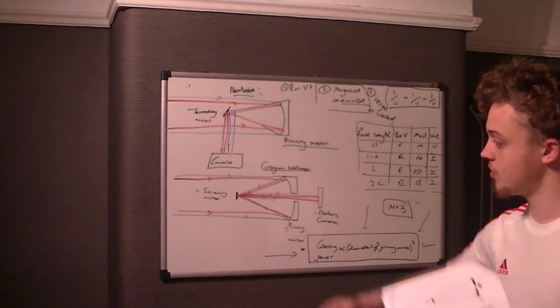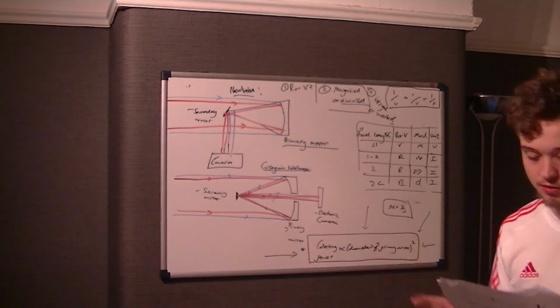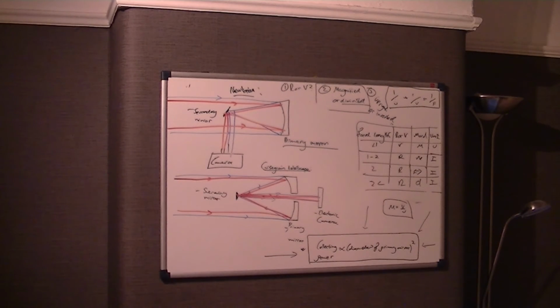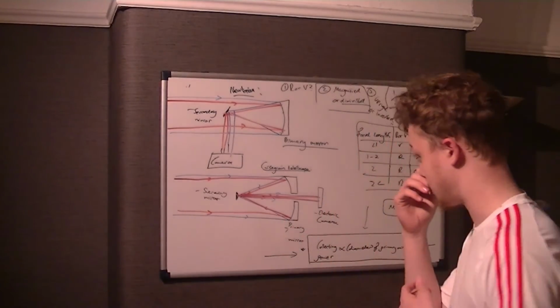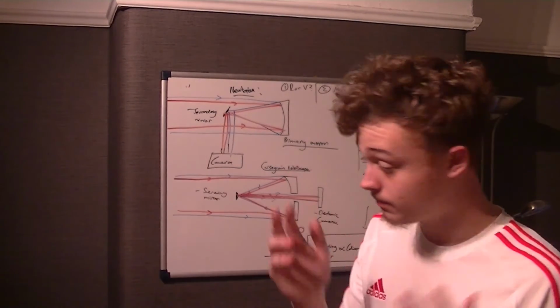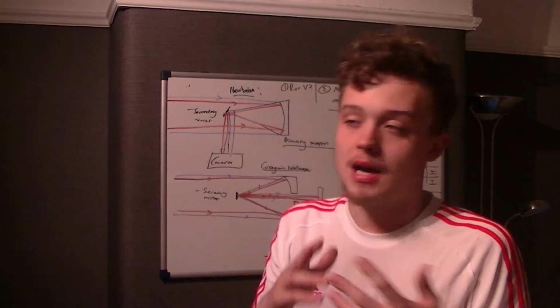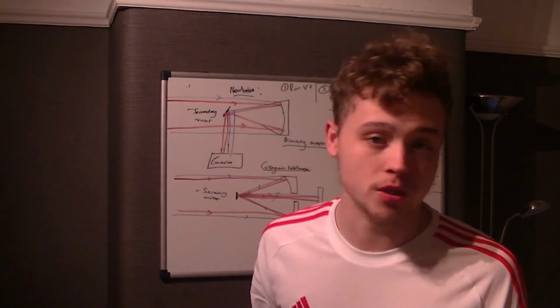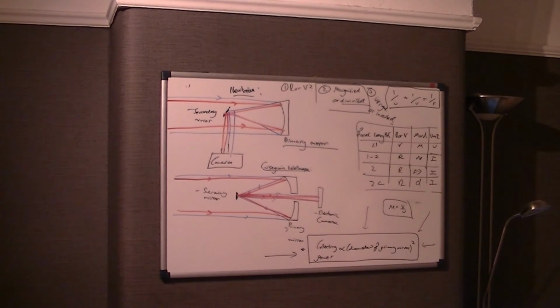As I said, this doesn't really apply to reflecting telescopes, so you can keep them small, which is why they're easy to manoeuvre. And if they're easy to manoeuvre and do the same thing as refracting telescopes, they can respond to any astronomical events that happen out of the blue. So very easy to adapt to.